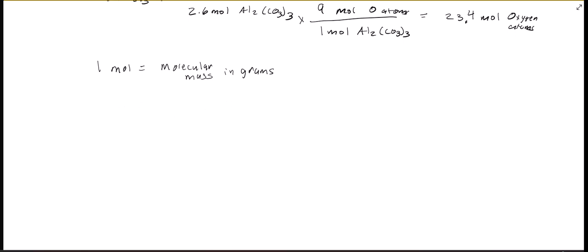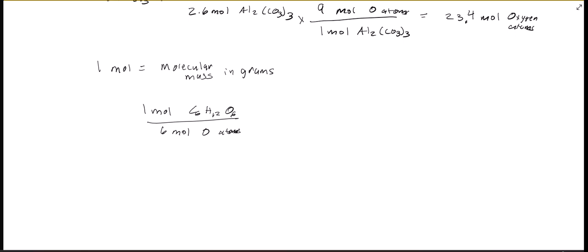This is where we would make the conversion and say 1 mole of C6H12O6 is equal to 6 moles of oxygen atoms. So we have that conversion factor.